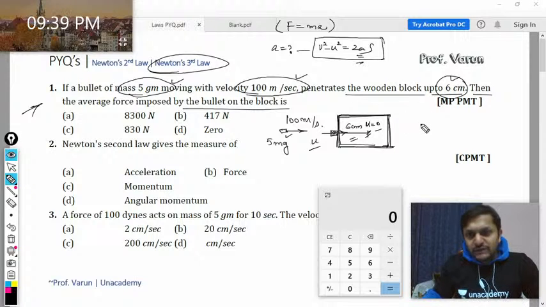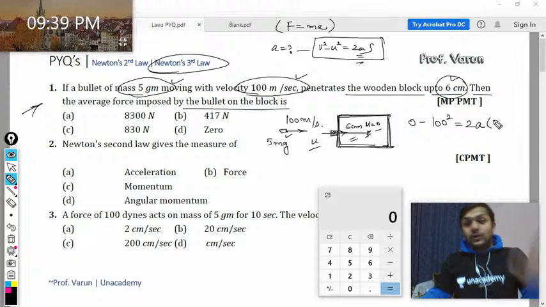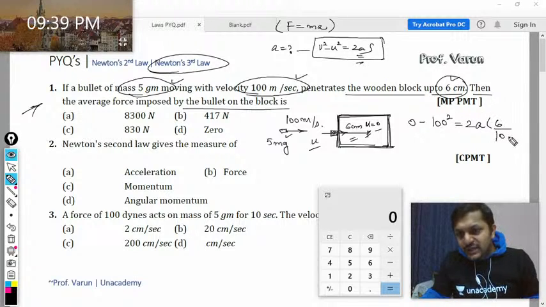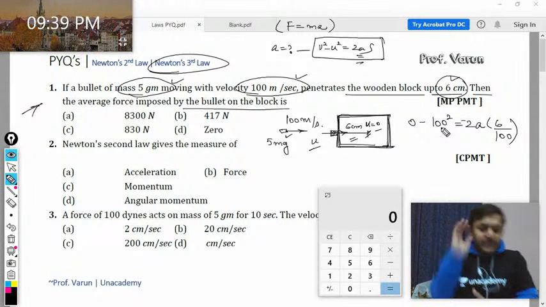Okay, let me substitute the values. The final velocity is 0, so 0 minus 100 squared is equal to 2 into acceleration, which is unknown, and the distance traveled should be in meters as a unit. Obviously retardation has taken place, so it will be negative.